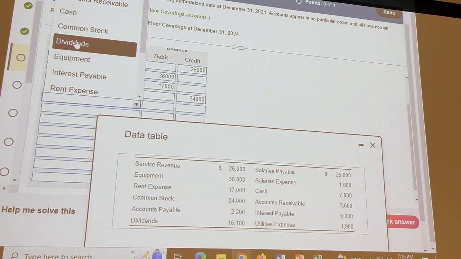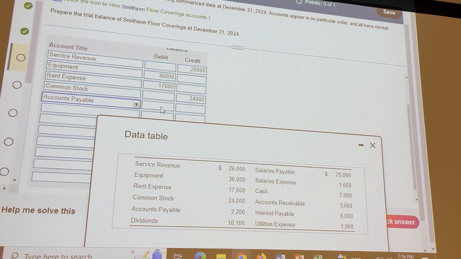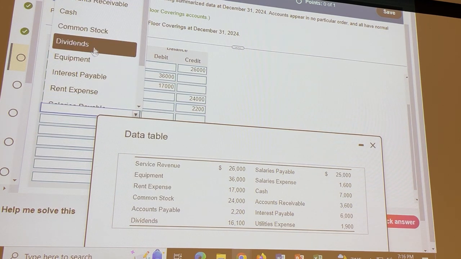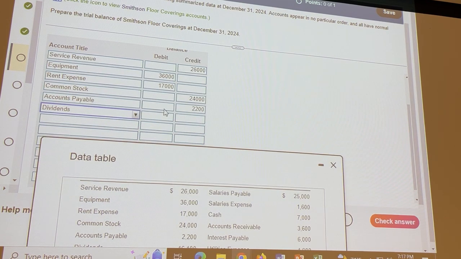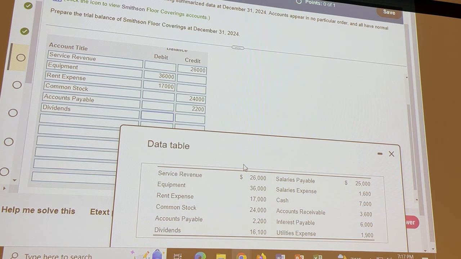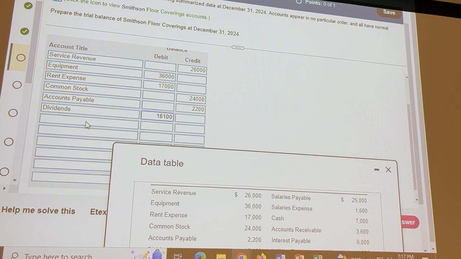Accounts payable, liability account, normal balance of a credit. Dividends accounts have a normal balance of a debit. Salaries payable, that's a liability account, so normal balance of a credit.